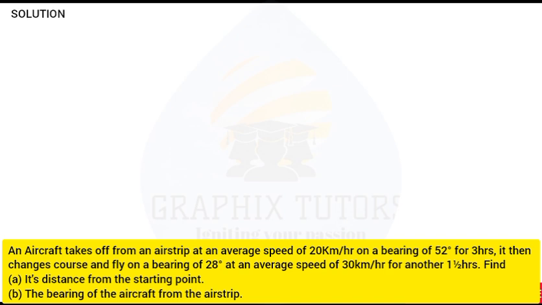Solution. Now we have to draw the path the aircraft takes. First thing first, you draw your 4 cardinal points, and bearing will move in a clockwise direction. In some cases, most people go anti-clockwise, but we move in a clockwise direction.